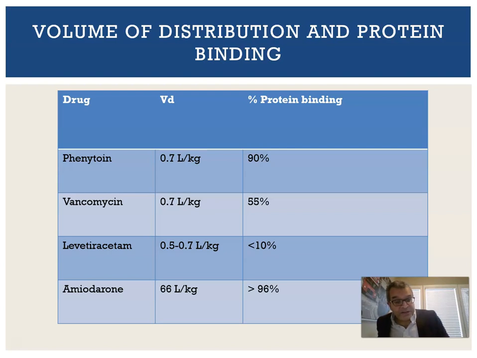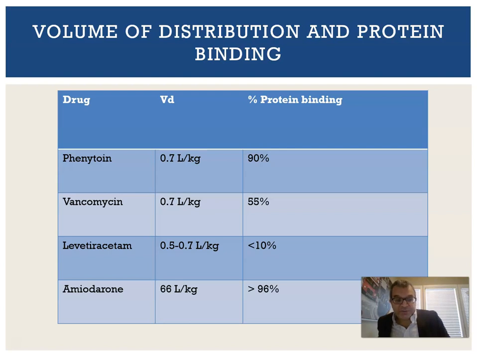When you look at phenytoin and amiodarone, the protein binding is more than 80%, like 90%, more than 96%. It's high. So we might expect there could be an interaction at the protein binding displacement, right? And actually phenytoin gets displaced by many drugs because of the high protein binding, and this can cause drug interactions.